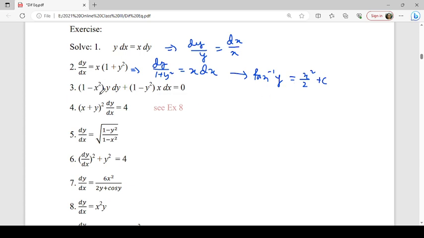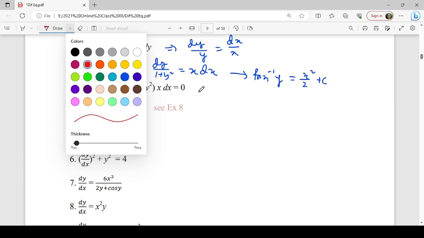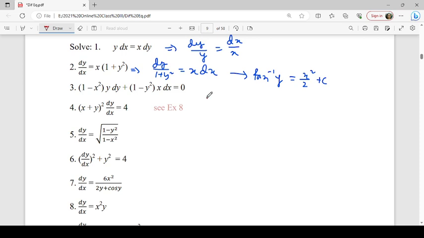Number 3, here we separate the variables as y dy by (1 minus y square) plus x dx by (1 minus x square) equal to 0.